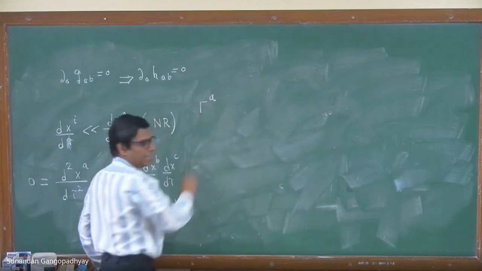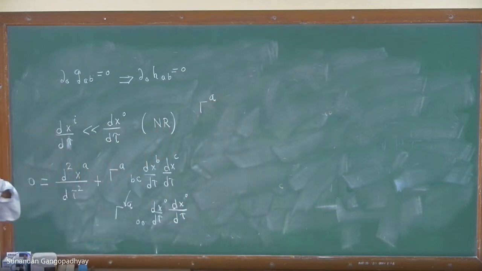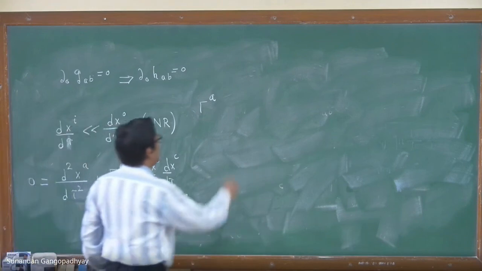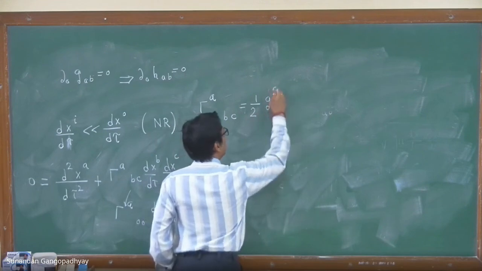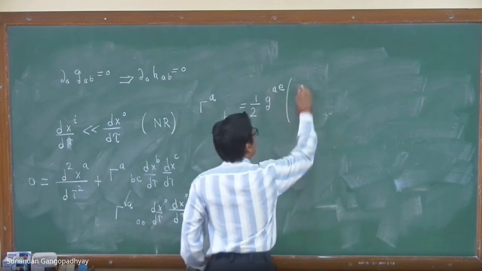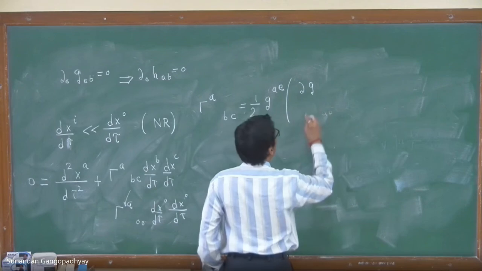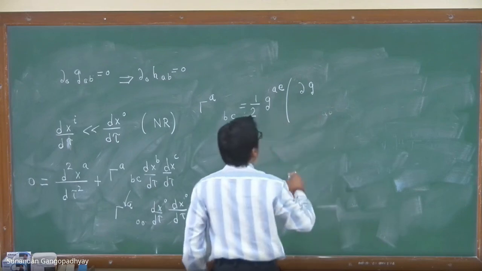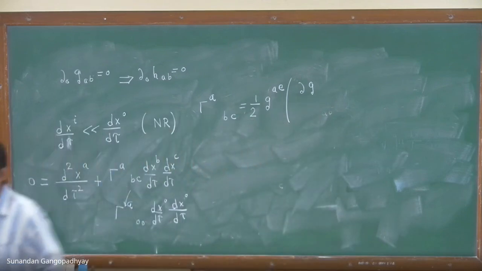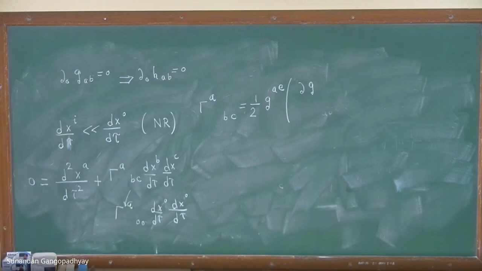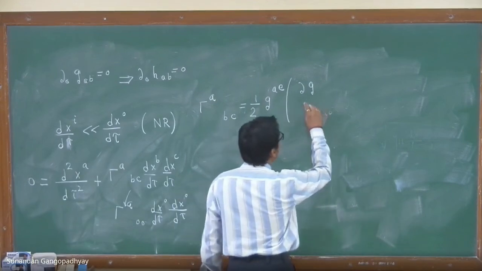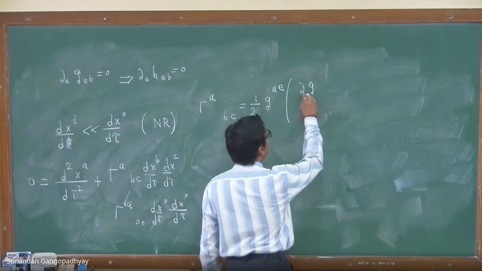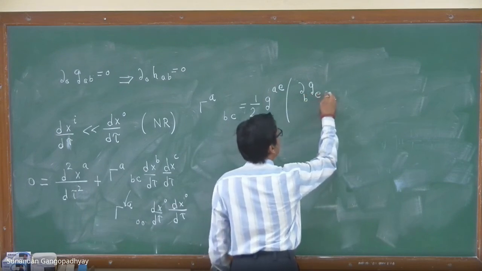I always forget these expressions. So gamma^A_BC is equal to half G^AE times the derivatives, del_B G_EC plus del_C G_EB minus del_E G_BC.